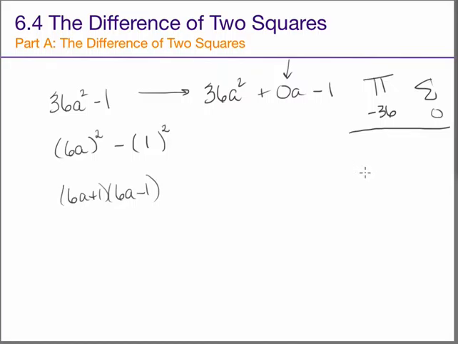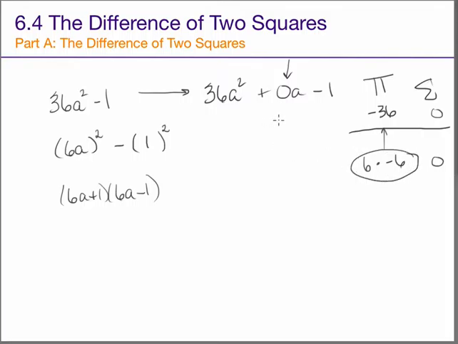Well, for them to add up to 0, they're both going to have to be the same value, like 7 and negative 7, or 12 and negative 12. So which number times itself, one positive, one negative, equals negative 36? That would be 6. 6 times negative 6 is negative 36. 6 plus negative 6 is 0.